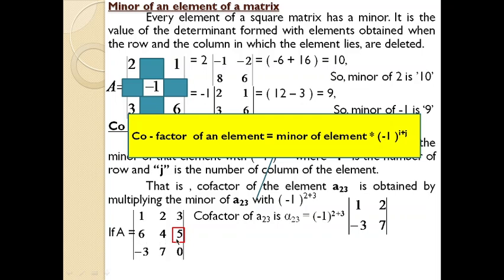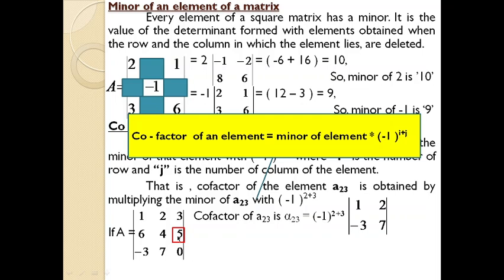So this particular element can be written as A23 and the cofactor is represented by alpha 23. So the cofactor of this particular 5, or A23, is minus 1 raised to 2 plus 3 into the minor of that element.